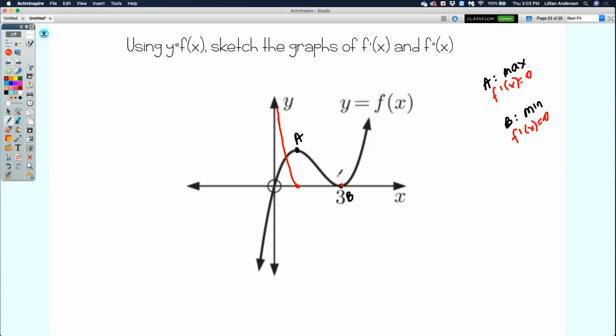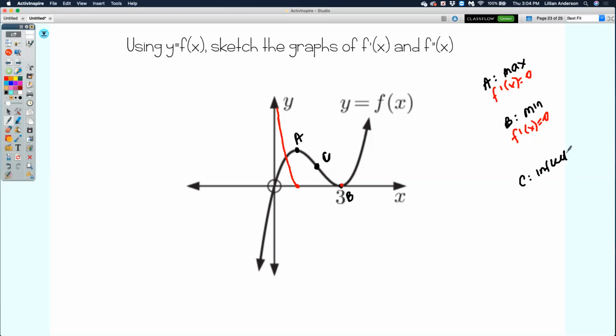But in order for you to go below the x-axis and then come back to the x-axis, you have to have an extrema on your first derivative. In order to have an extrema on your first derivative, that means you probably need to have an inflection point somewhere in between those extrema.